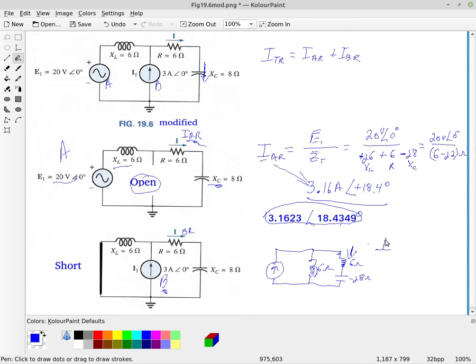It says that the current through the element, in this case my resistor, which is also the capacitor, but I'm only concerned with the resistor here, is equal to the total current times the total impedance divided by the impedance of just this branch.